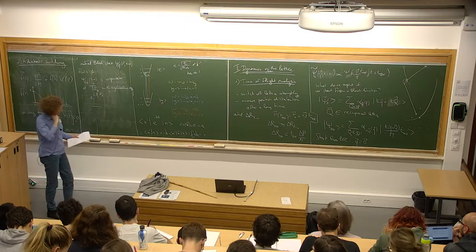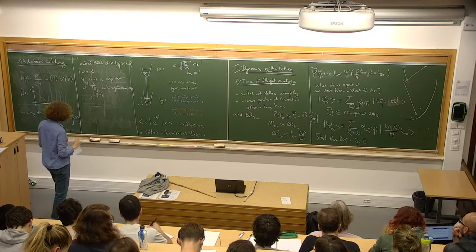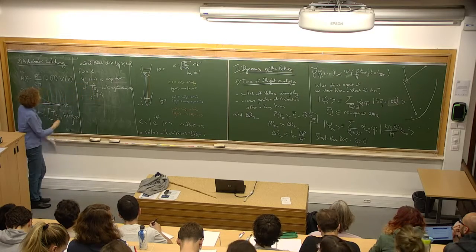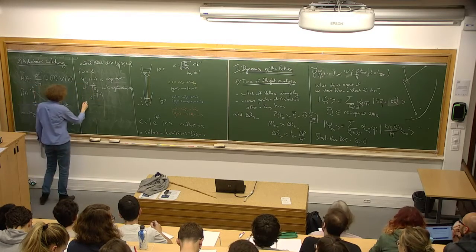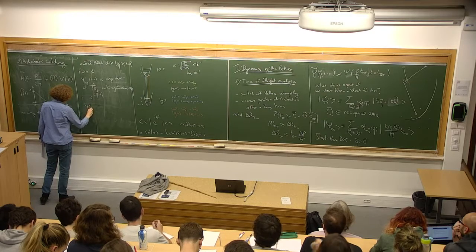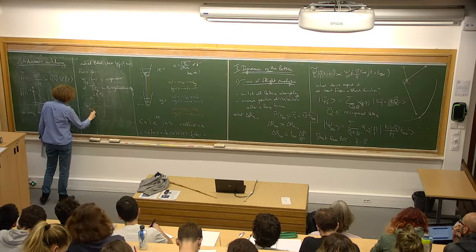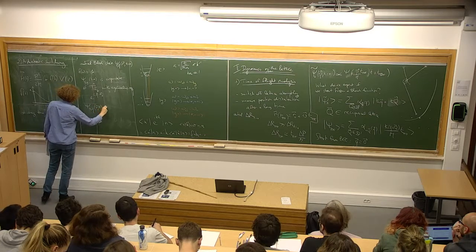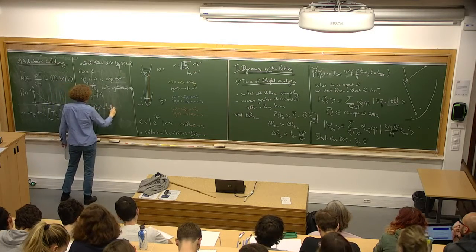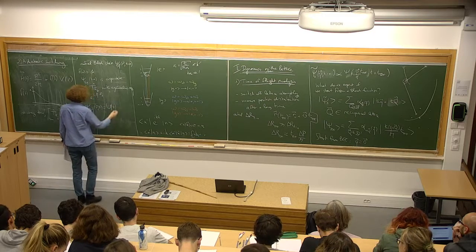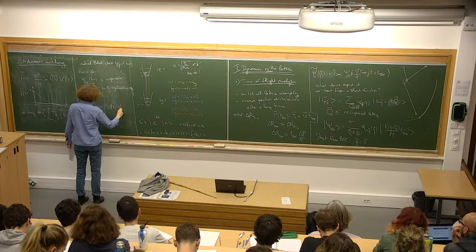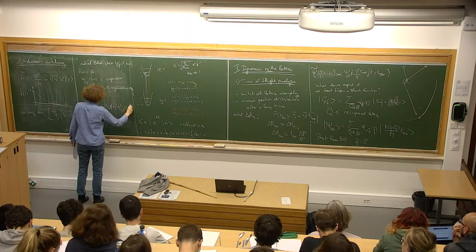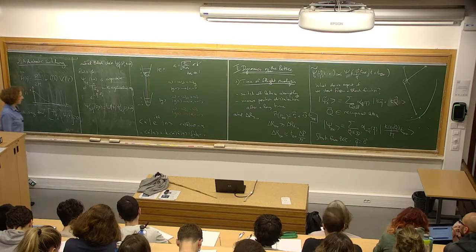So now, is it still true at later time? So the wave function, a state at later time, at time t, is given by applying the evolution operator U to psi at time 0.